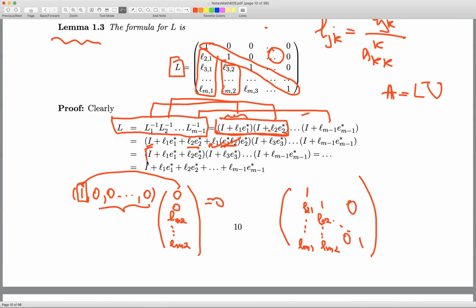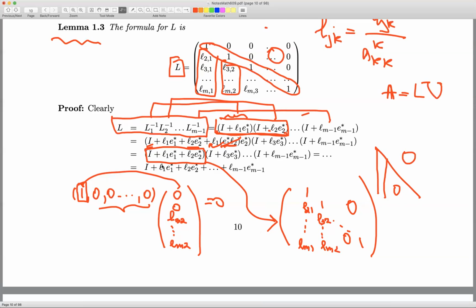So this matrix here will be exactly this matrix here. It will have ones on the main diagonal, will populate the first column below the main diagonal, will populate the second column below the main diagonal, and everywhere else will be 0.